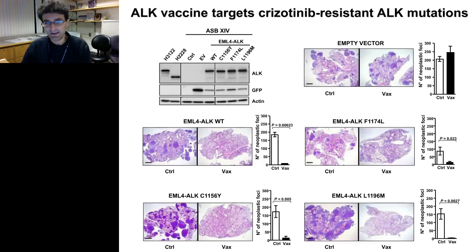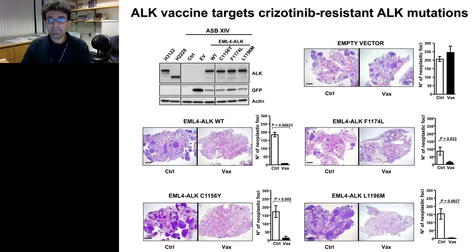Then you take these cell lines and you can inject them in the tail vein, and then these cell lines will home in the lung and will be grafted and generate several hundreds of tumors in the lung.